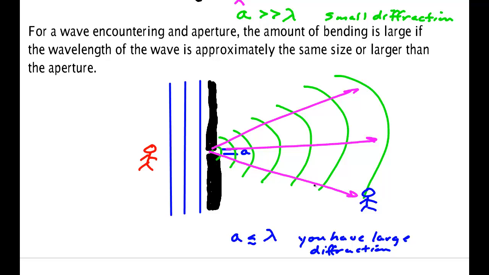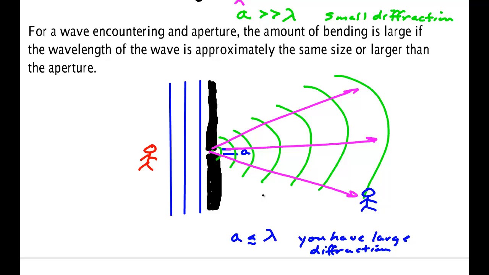This bending of the light, or any other wave like sound, because it goes through a small aperture or barrier, is called diffraction. So the next time you hear somebody yelling at you down the hall, remember, the only reason you can hear that is because of diffraction. And the reason you can't see them is also diffraction is not large enough because of the small wavelength of light.